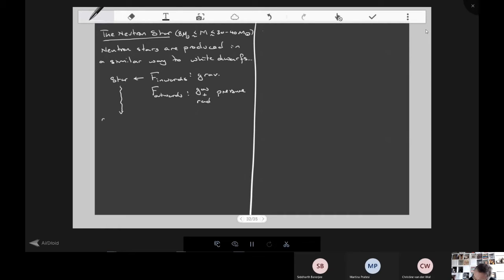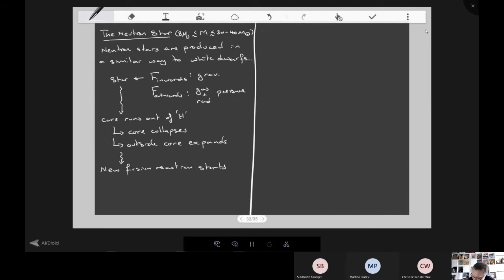And this is when the core runs out of hydrogen. And when that happens, the core collapses. The outside expands, as we've discussed before in significant detail, and that happens until a new fusion reaction starts, and that process keeps going.